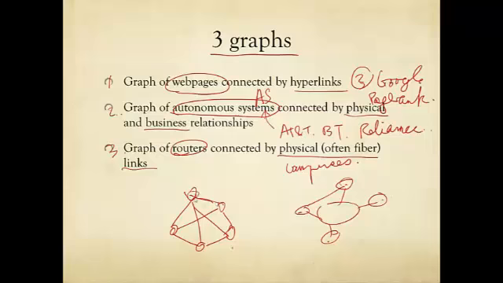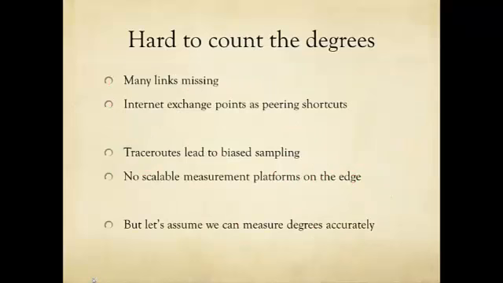It could be a graph where the nodes are companies and organizations and the links are business relationships. It could also be graphs where the nodes are actual physical routers and switches and the links are physical fiber or copper wireless links. When we talk about the robustness with respect to attack on hardware of the internet, we are talking about this third graph, the graph of routers.